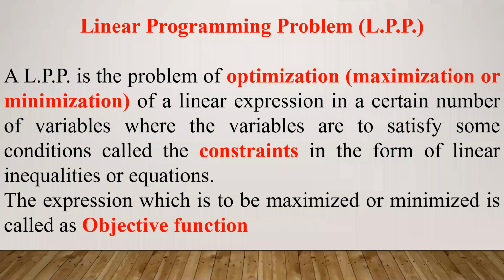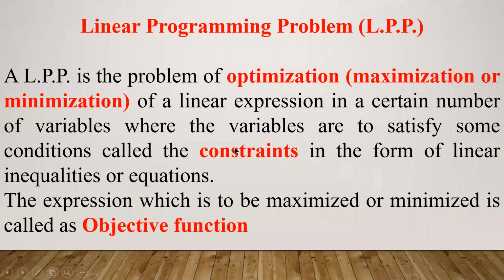They cannot ask the labor to work more than the required number of hours, or they cannot use a machine beyond its capacity. If a machine can only run for 5 hours, you cannot make the machine run more than 5 hours. So there are certain conditions which are to be satisfied. Those conditions are called constraints.